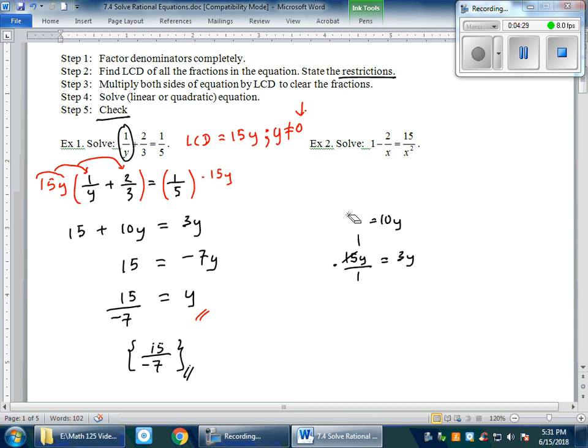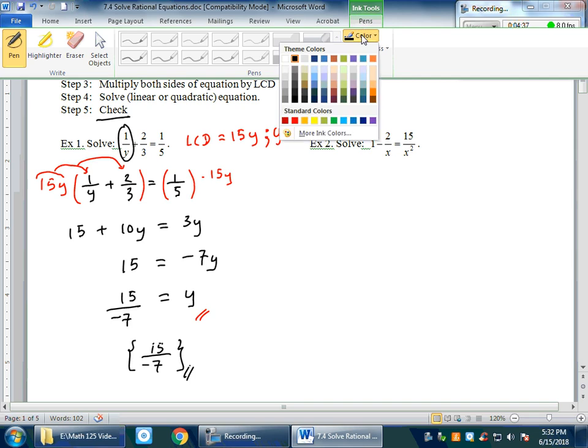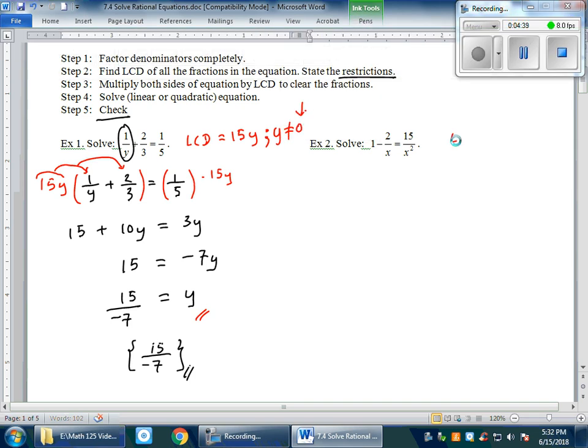Example number 2, we want to solve this equation. When we look at the equation, the denominators are x and x squared, so the LCD collects the greatest exponent, and it will be x squared. Right away I want to talk about my restrictions.